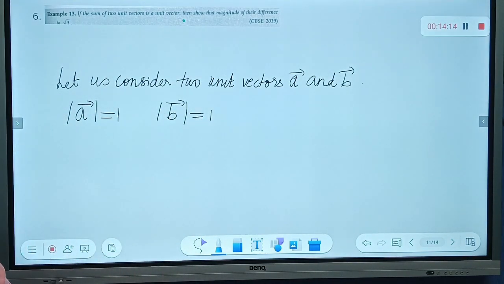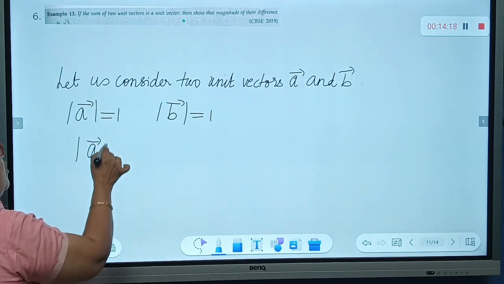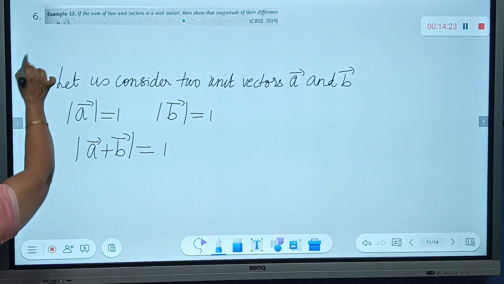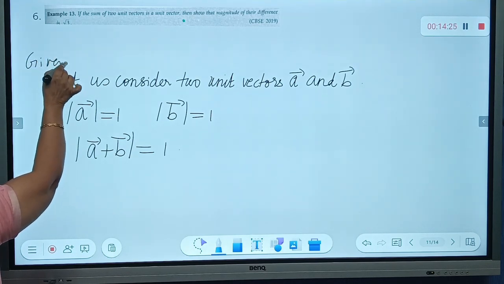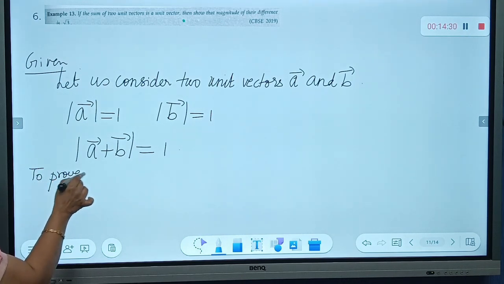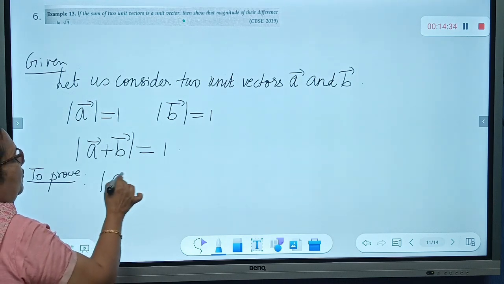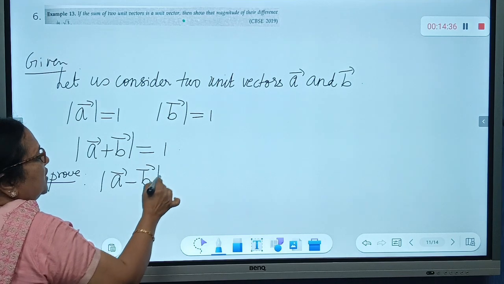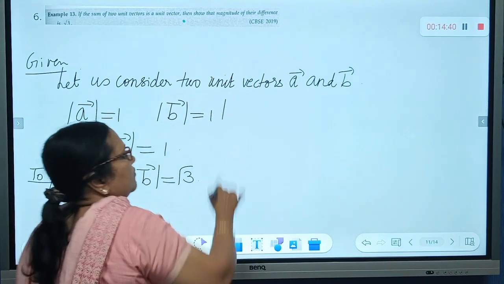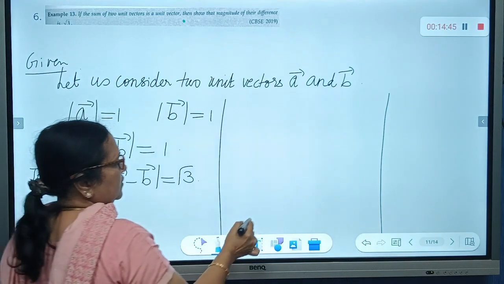The sum of the two unit vectors is also a unit vector. So, modulus of A plus B is also 1. So, these are all the given information. What is it that we need to prove? The magnitude of the difference, that is modulus of A minus B, is root 3. This is what we need to prove. I am going to divide my page into 3 parts.